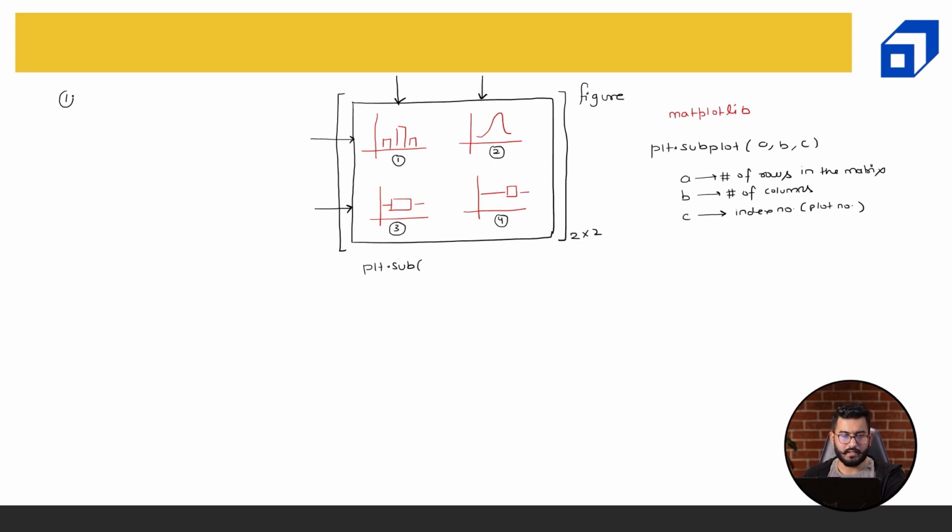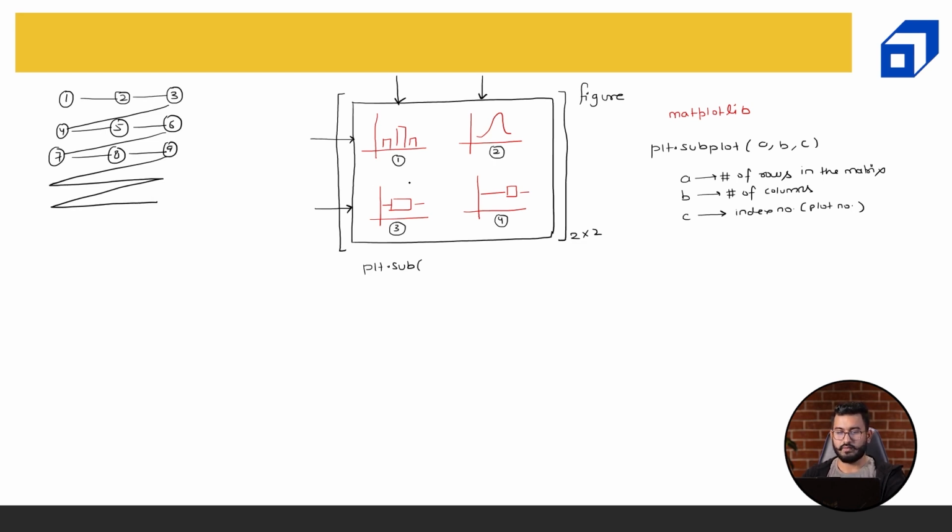So I start from here, 1, then 2, maybe if I am having 3 plots, then 3, then 4, 5, 6, and again 7, 8, 9, and so on. We can keep on doing this, zigzag. So since we are having 4 plots, so 1, then 2, then 3, and then 4.